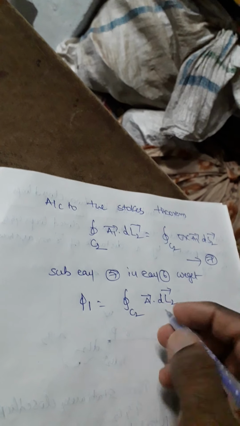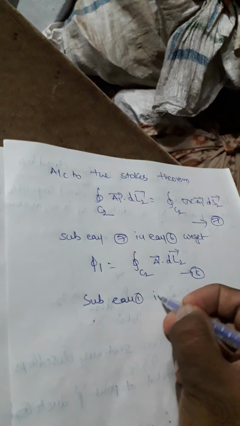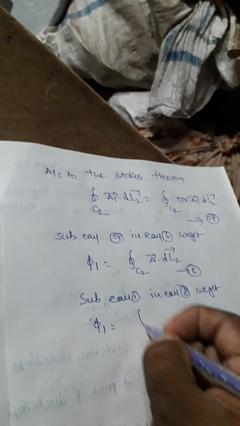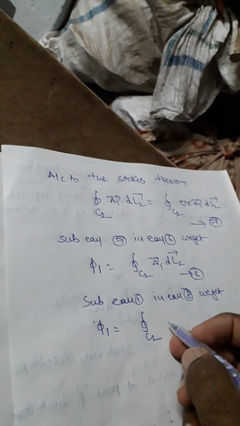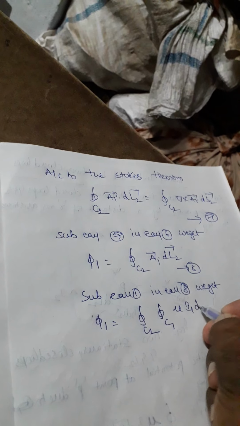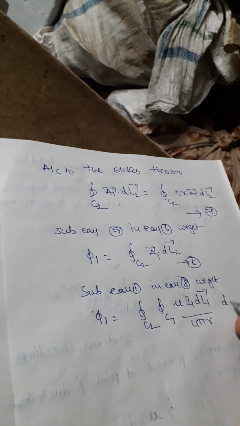We know the value of A1 bar, so substituting equation 1 in equation 8, we get phi1 is equal to the closed contour integral over C2 of A1 bar, which is the closed contour integral over C1 of mu I1 dl1 bar divided by 4 pi r, dl2 bar.